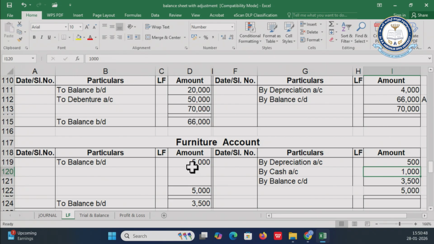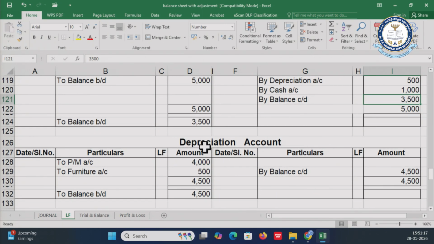Out of this 5,000, which is the total on the debit side, you drop the same on the credit side also. After 500 and this 1,000, leftover amount is 3,500. That is the difference or carried down balance. This is a net value. This is what is called the written down value in accounting, 3,500.